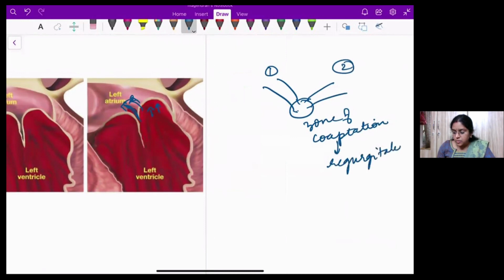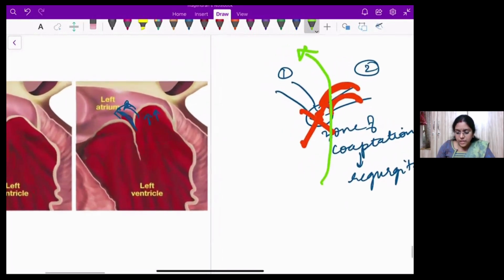So what happens in this MVPS? During systolic ventricular contraction, this mitral valve will prolapse into the atrium. This zone of coaptation is then not formed, so there will be a regurgitation of blood from the ventricle into the atrium. So this is what happens in mitral valve prolapse syndrome.